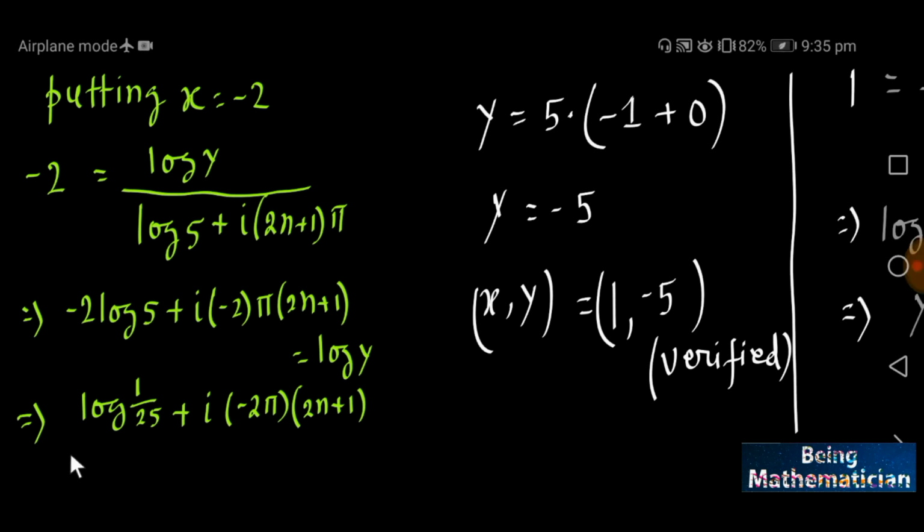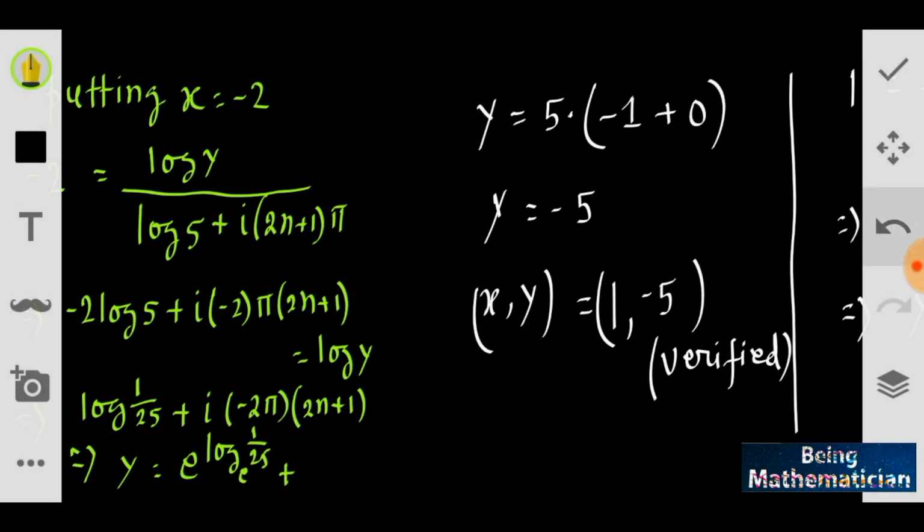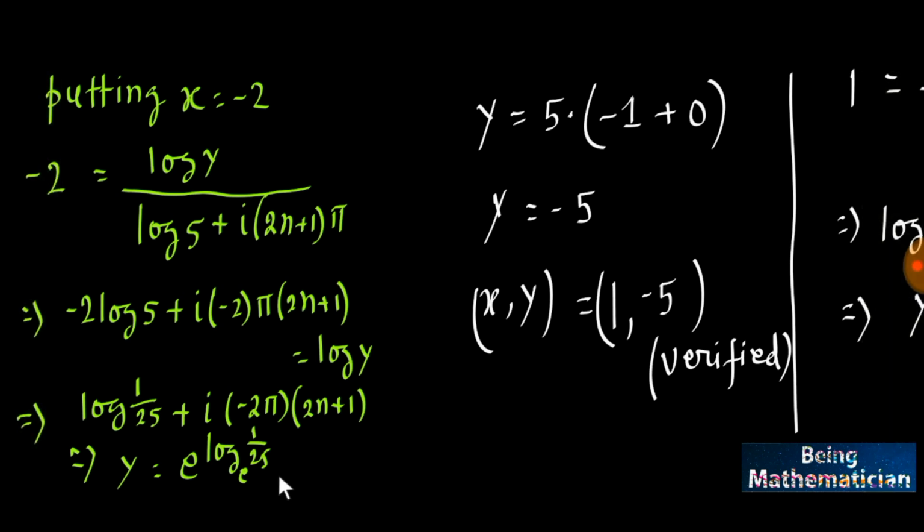So y must be e to the power log (1/25), base e, into e to the power i into -2 pi into (2n plus 1).